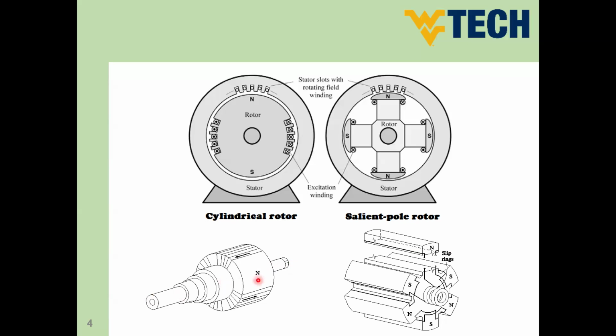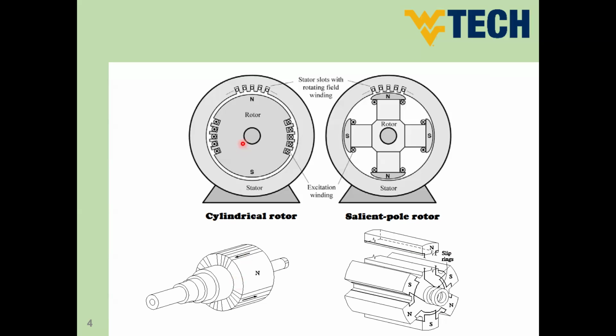However, the salient pole is preferred to be mounted vertically, which means this X here in the middle is going to be vertical like that. So the rotation of this machine is on the horizontal plane, but this one rotates in the vertical plane. This is the difference between the two shapes.